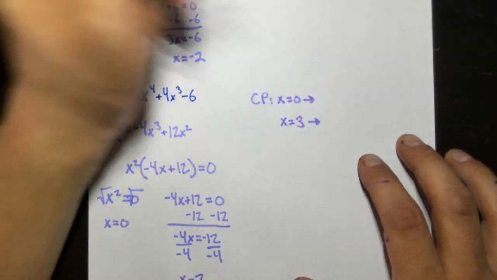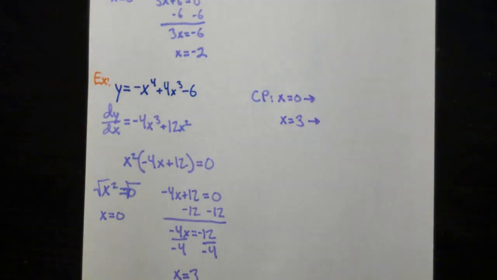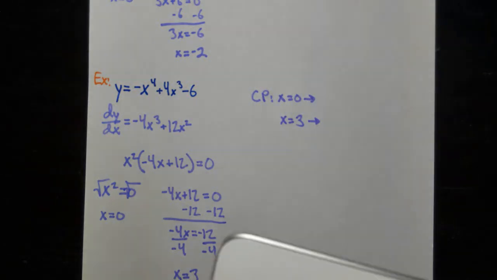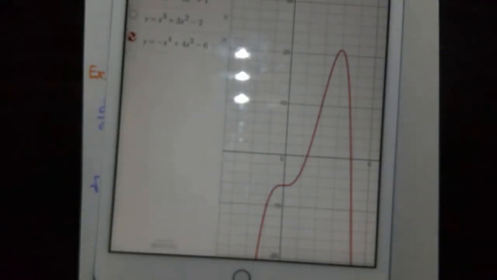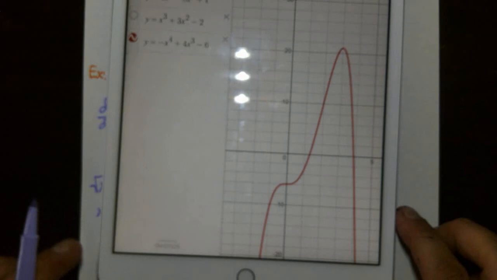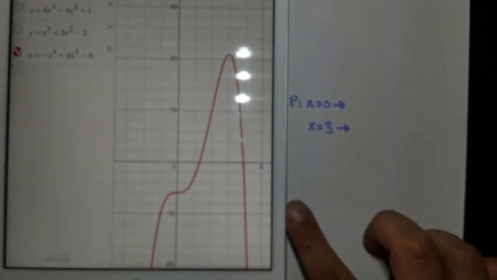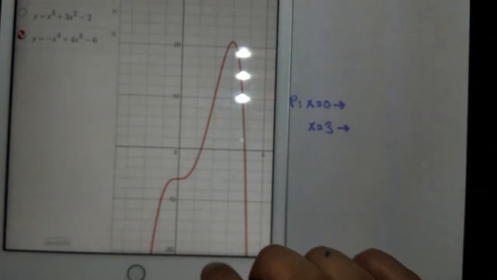And let's see what kind of critical points these are using Desmos. Okay, so here we have this function. So we said we had one at 0 and one at positive 3. Let's see, I wish it would focus here.